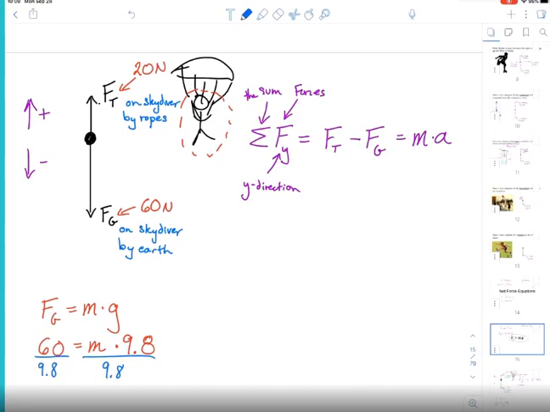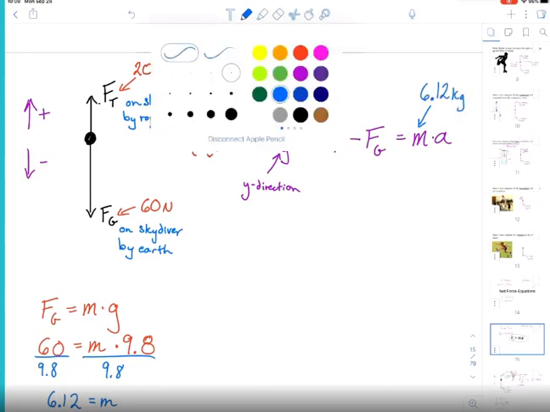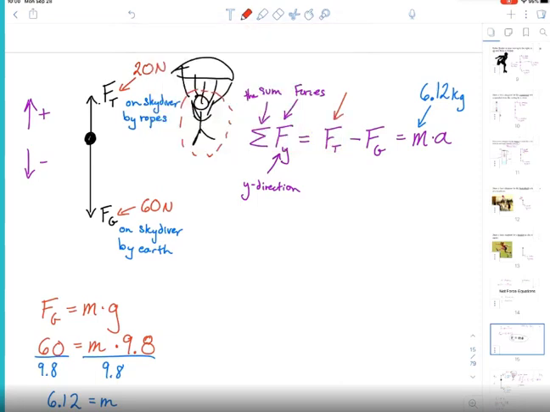And I get 6.12. So 6.12 is my mass. So that's going to be 6.12 kilograms.